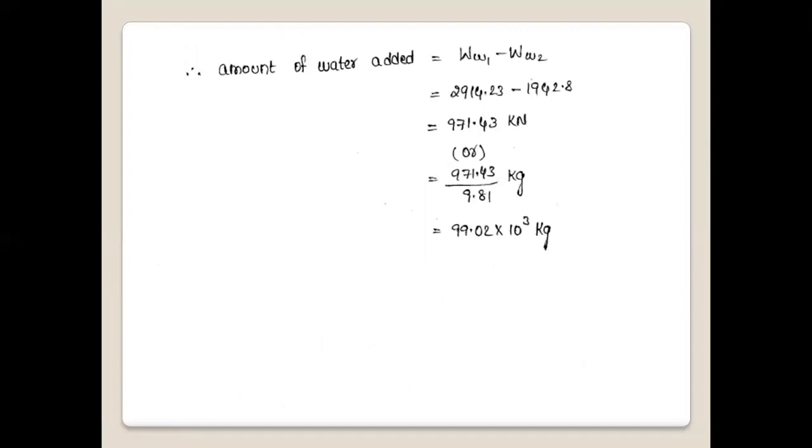So the total amount of water added is the weight of water in the fill portion minus the weight of water in the pit portion. So 2,914.23 minus 1,942.8. Then finally the total amount of water is 971.43 kilonewtons, which in kgs is 99.02 into 10 power 3 kgs.